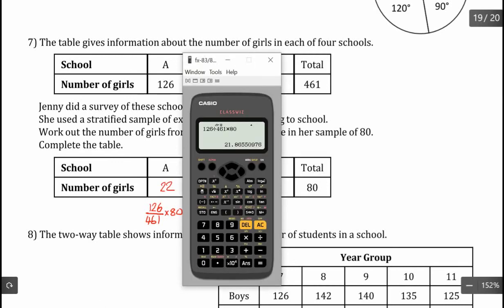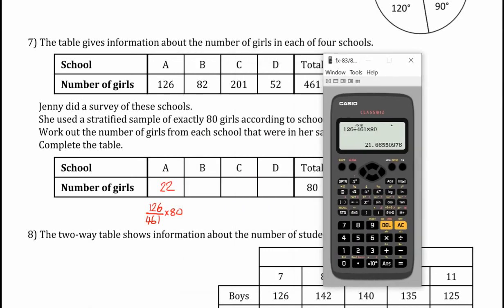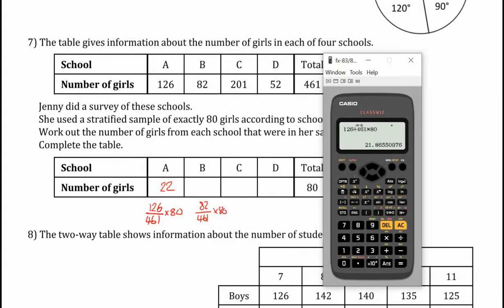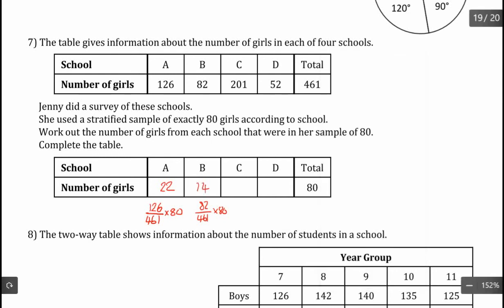Okay, so for school B, we're going to do 82 out of the 461 times 80. And that would be 14 girls.